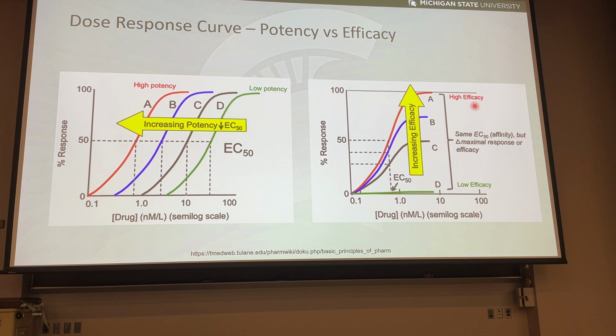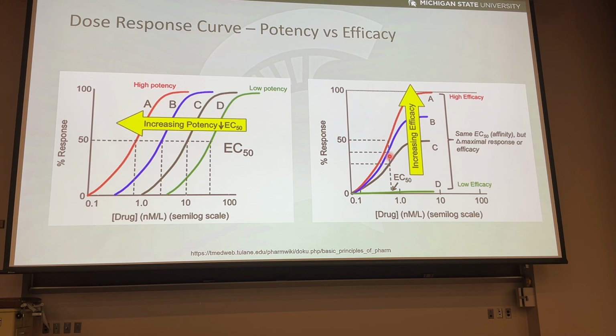But here we're analyzing efficacy, right? What the drug does, and as you can see, between A, B, C, and D, they all have a different response. With A having the highest response, that reaches 100% response here, and D has the lowest response. So A has the highest efficacy, D has the lowest efficacy. But, in contrast to the first panel, here they have the same EC50.